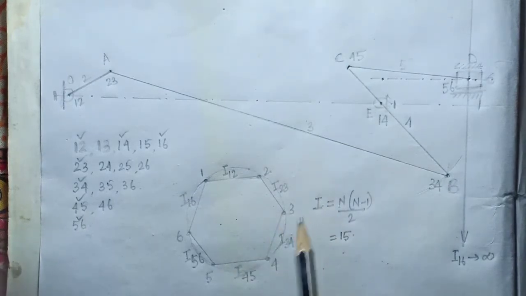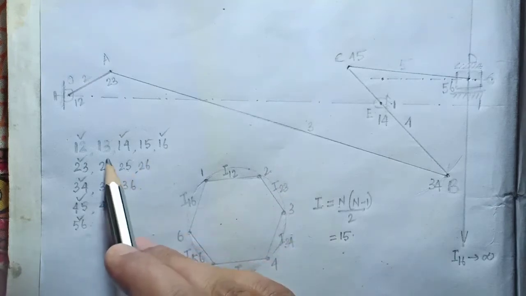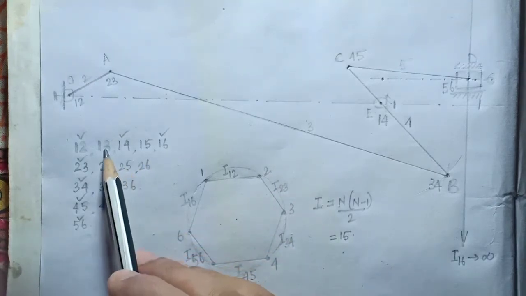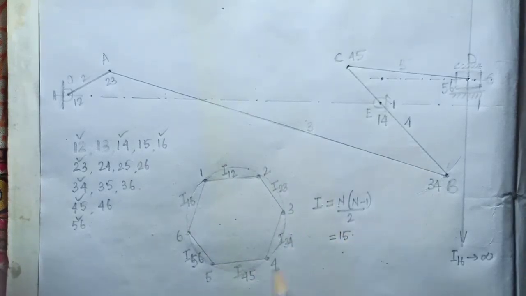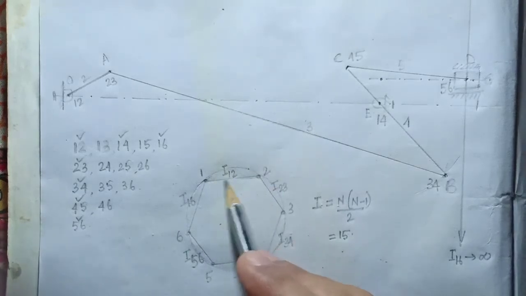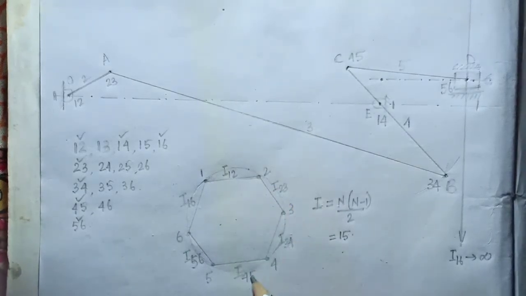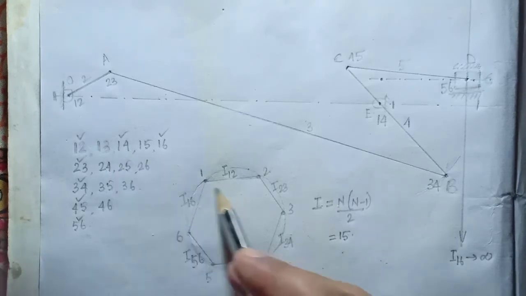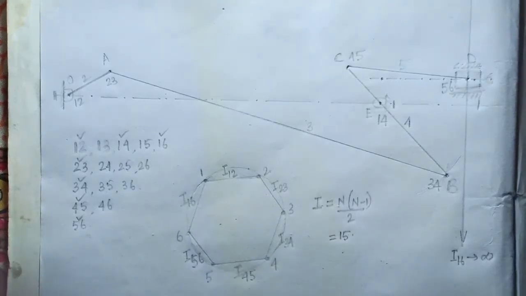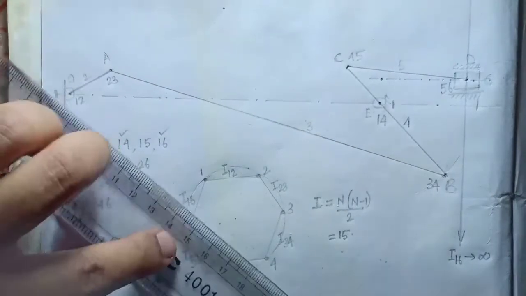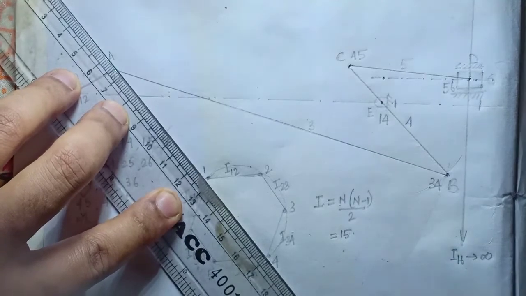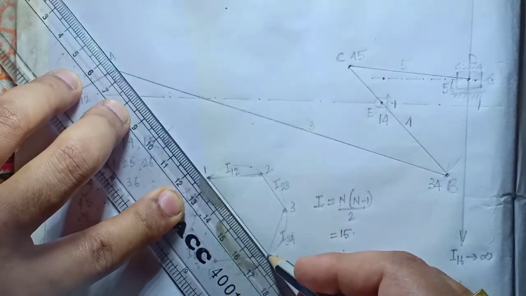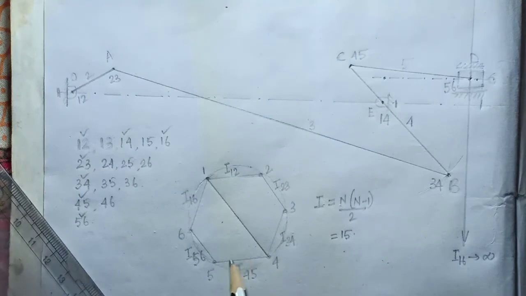We will show all the unknown instantaneous centers following this diagram. Try to concentrate. These are the known values: I12, I23, 3 4, 4 5, 5 6, 1 6, along with 1 4. So join 1 and 4 with a continuous line. 1 and 4 is a known value.